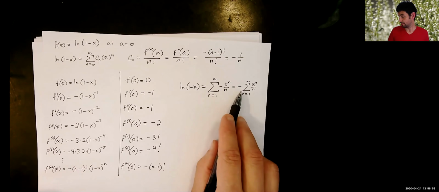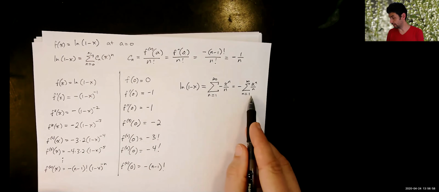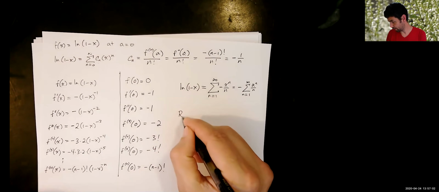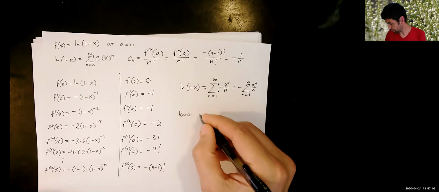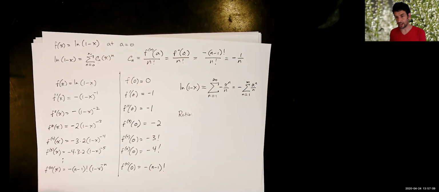Now, we have one more step to do. We've got to take a look at the radius of convergence. Let's use the ratio test. So I want to compute, we're going to be taking absolute values, so the negative's not going to matter.